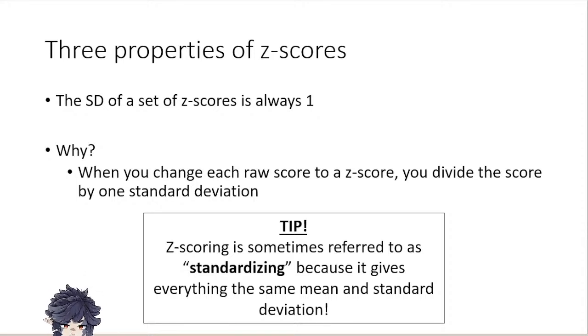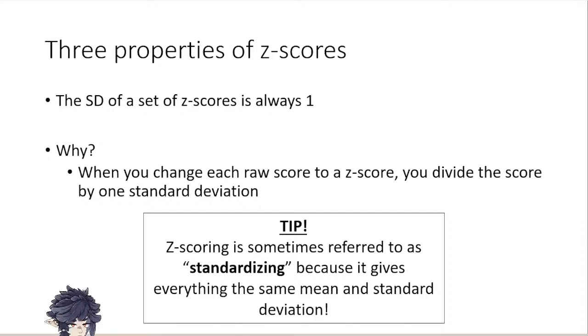Or a scale of 1 to 5, or Jujutsu Kaisen's grade 3, grade 2, grade 1 sorcerer, special grade, whatever, no matter what scale I start on, if I Z-score it, it will always turn it into having exactly the same mean and standard deviation.